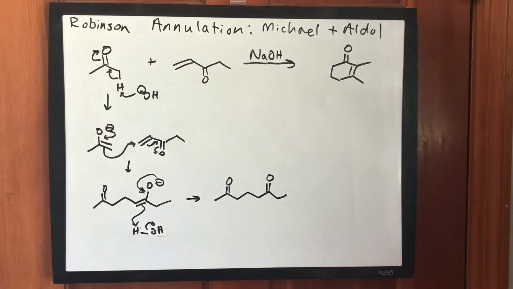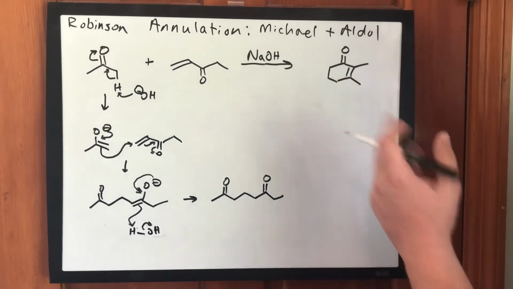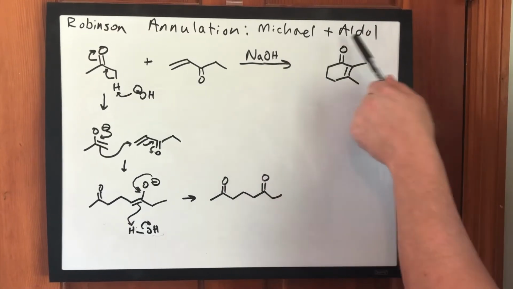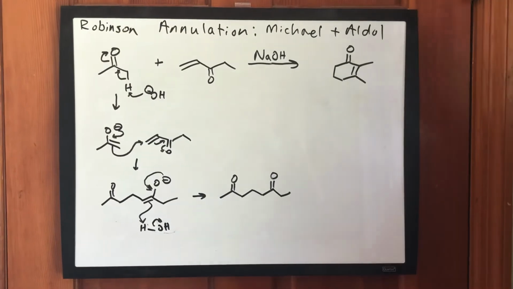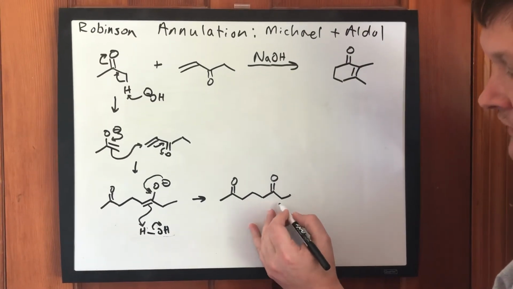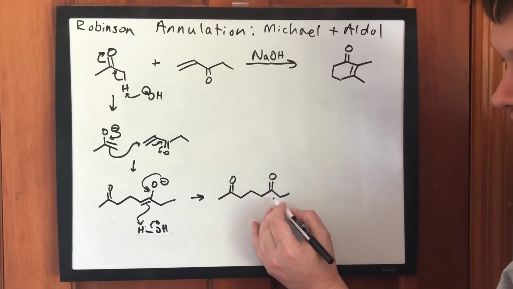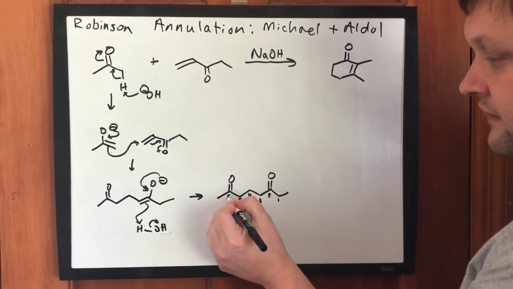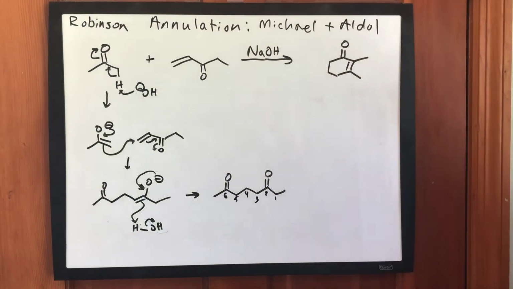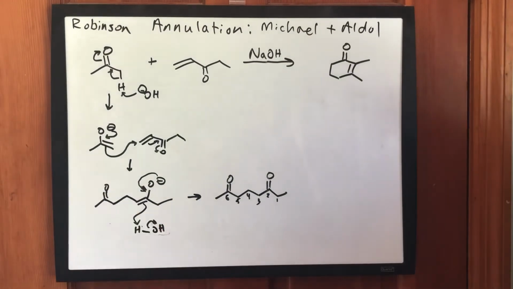If you think about what has to happen next, the Robinson annulation is a Michael reaction followed by an aldol reaction. And so what will end up happening now is, if we count carefully from the other alpha carbon, we can count 1, 2, 3, 4, 5, 6 atoms away. We find the carbonyl of the starting ketone.